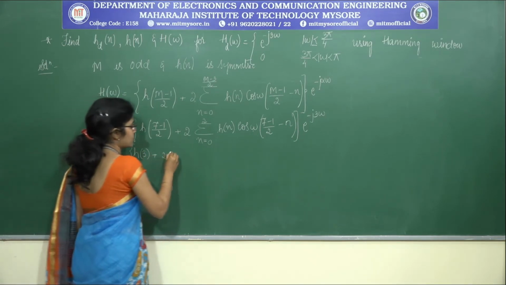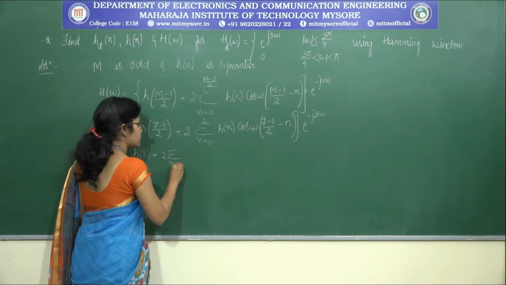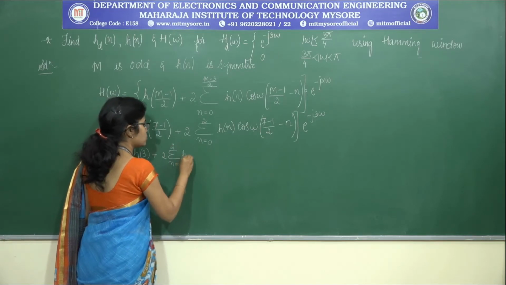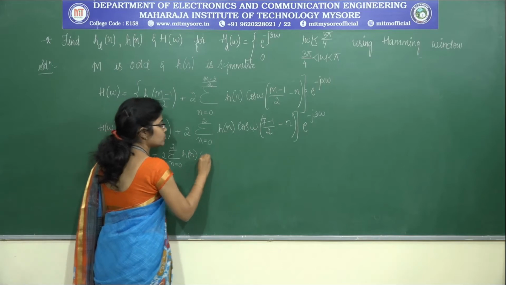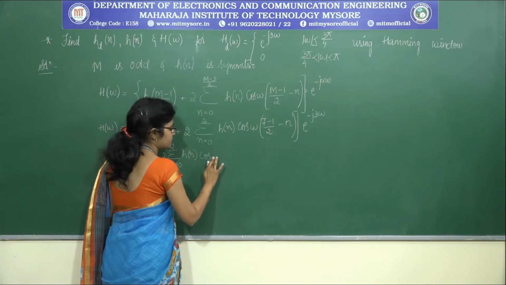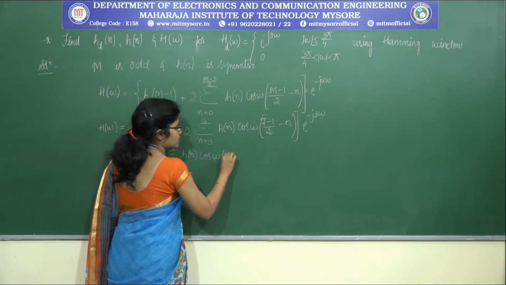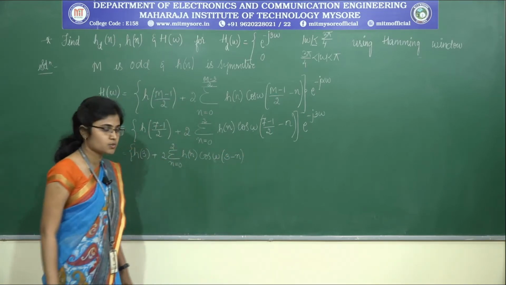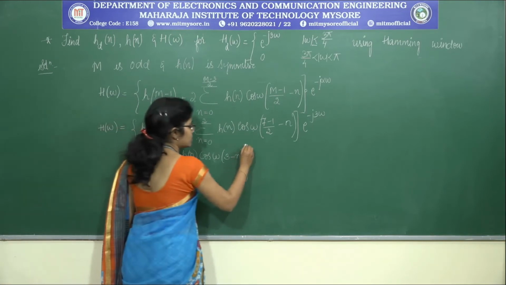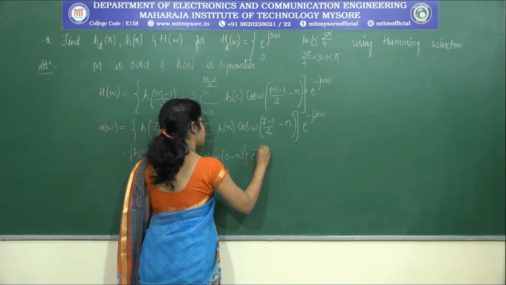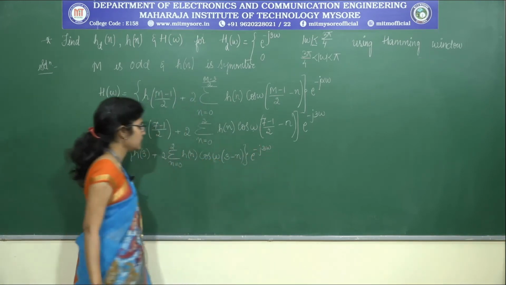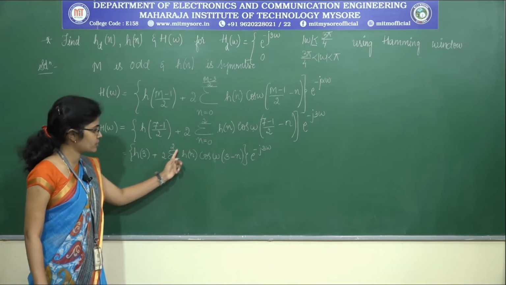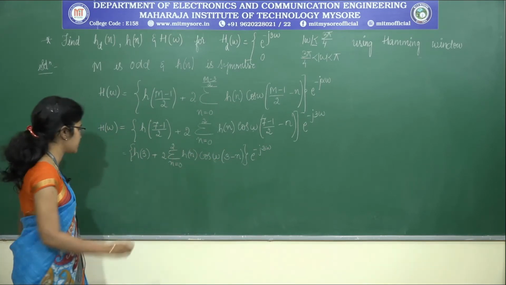into summation n ranging from 0 to 2 h of n into cos omega, again it is 3 minus n because 7 minus 1 is 6, 6 by 2 is 3, into e power minus j 3 omega. Okay. Now let us substitute the values of n in this part and let us expand the summation.